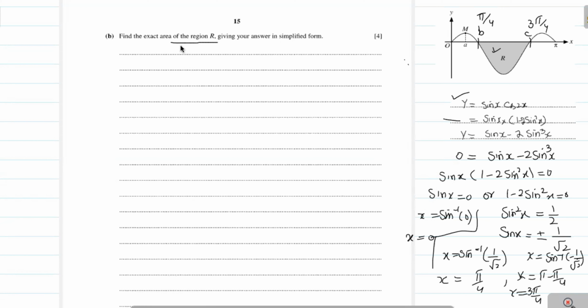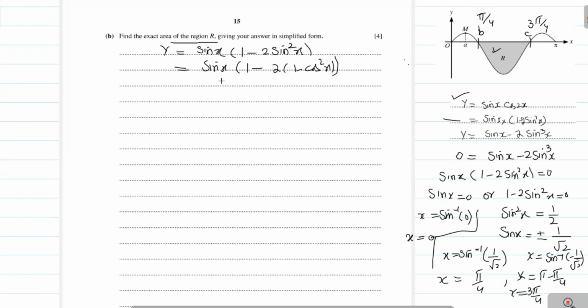Before taking the area of the shaded region, we rearrange this equation y equal to sine x cos 2x. In this way, we can take the integration easily. After arranging, we write this equation as sine x cos 2x, which is sine x into 1 minus 2 sine square x. And 1 minus 2 sine square x, we can write as 1 minus 2 into 1 minus cos square x.